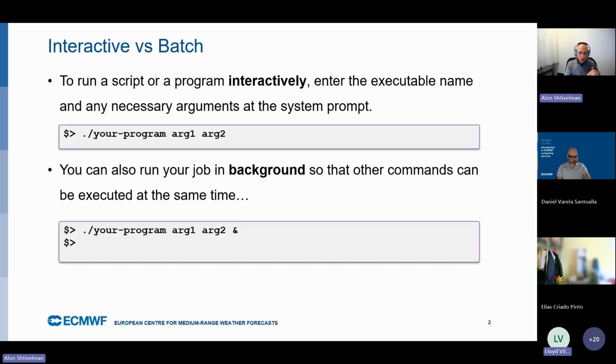So, first of all, a few words about the difference between working interactively and using our batch system. While working interactively, you can just type your command, maybe with some arguments, and then click enter, and the program you are running will be executed on the same machine where you are logged on.